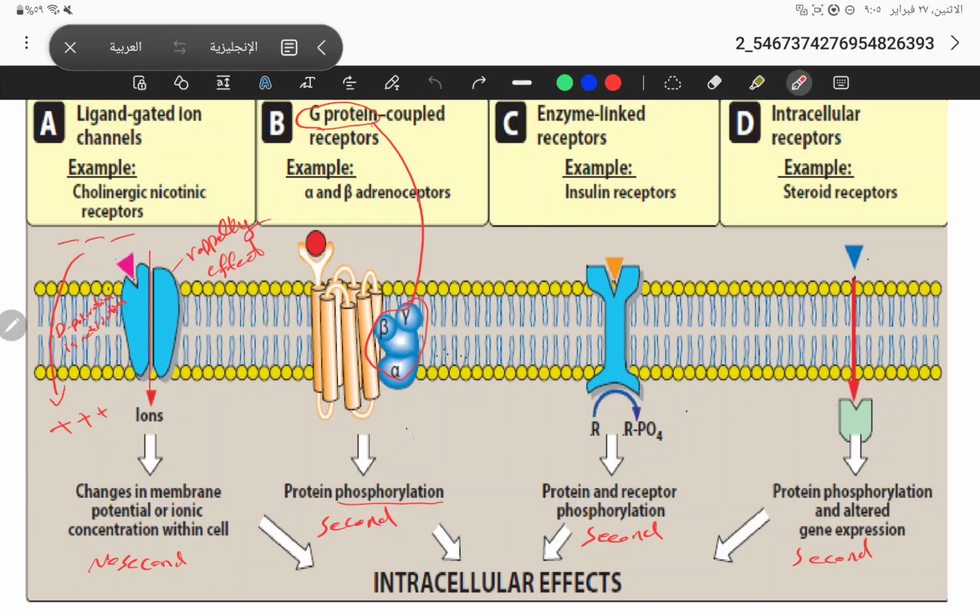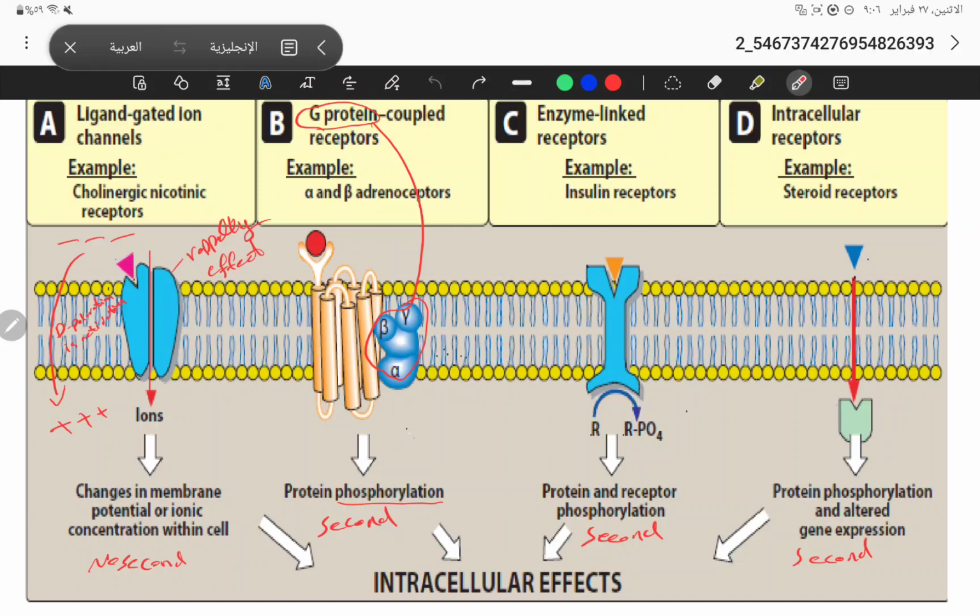Meaning the receptor has an enzyme, unlike the G protein, which is a separate molecule from it and binds after the drug binds to the receptor. Here the receptor has enzymatic activity, and this enzyme is going to phosphorylate itself, we call it autophosphorylation. When the drug binds to the receptor, autophosphorylation or activation of the receptor happens by itself, without needing an external molecule to activate it.